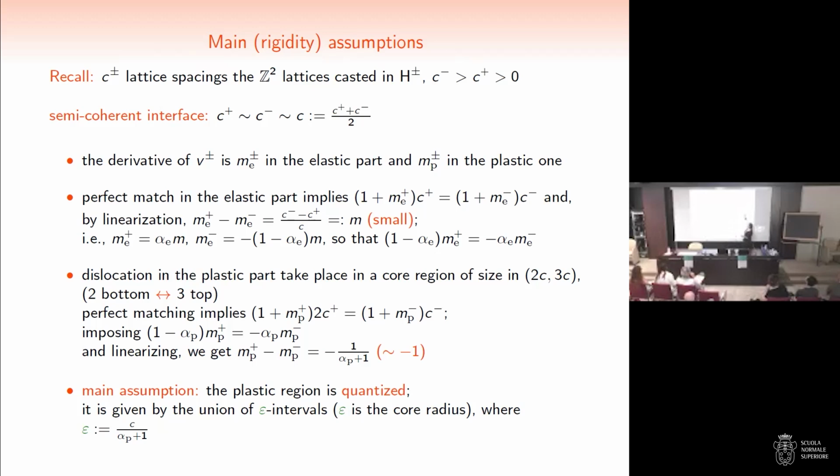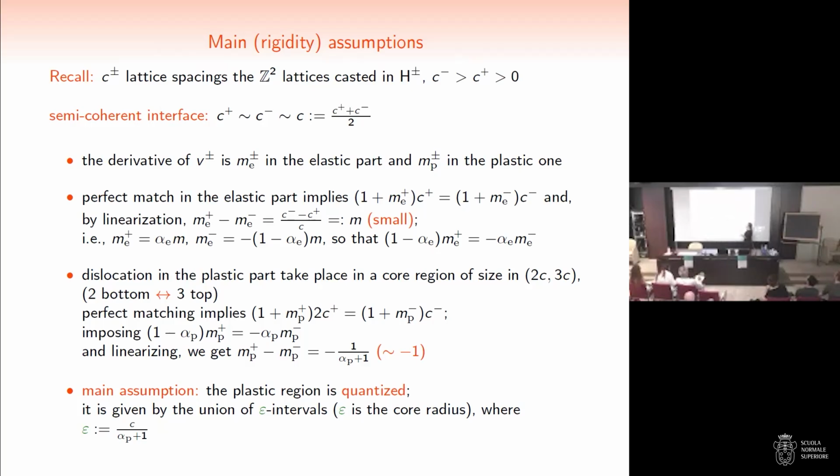And by linearizing around the condition that C plus is very close to C minus, one ends up with the fact that the difference between the two elastic slopes, M plus and M minus, is equal to the difference between the two lattice spacings divided by C. But these spacings are very close to each other, so I call this difference M, and M is small.